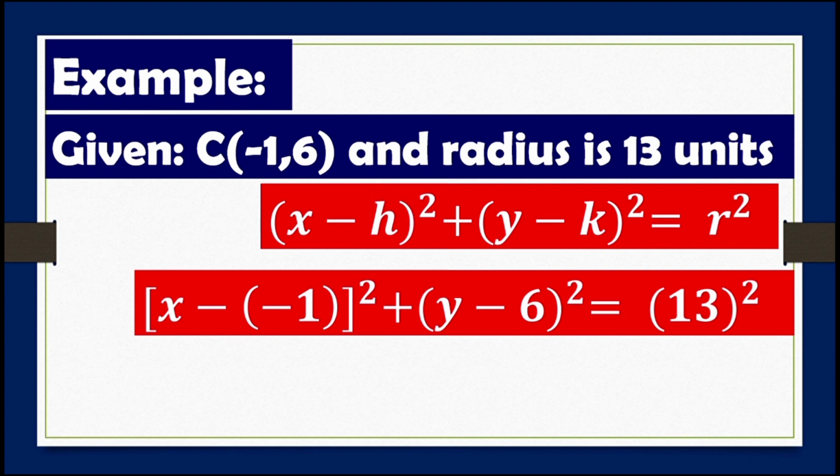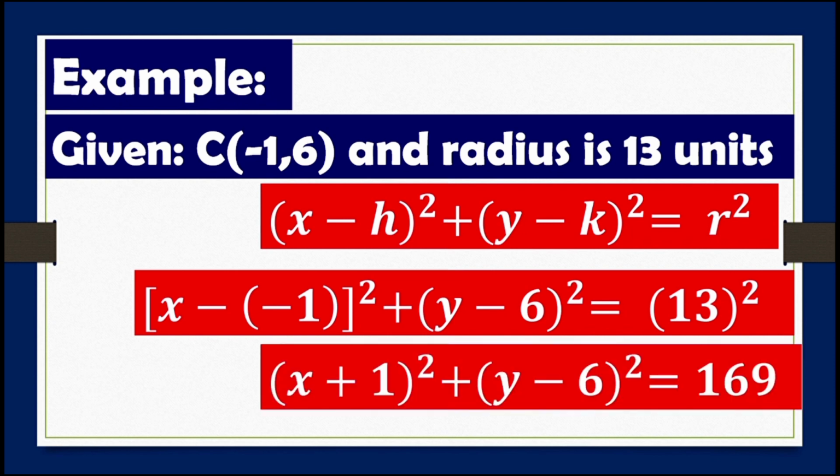In this case, let us also be particular with the sign of our coordinates. So simplifying our equation, we will have quantity x plus 1 squared plus quantity y minus 6 squared equals 13 squared, which will lead us to 169. So therefore, this can be the standard form of the equation of our circle.